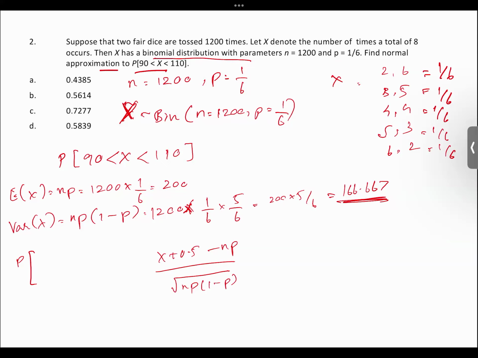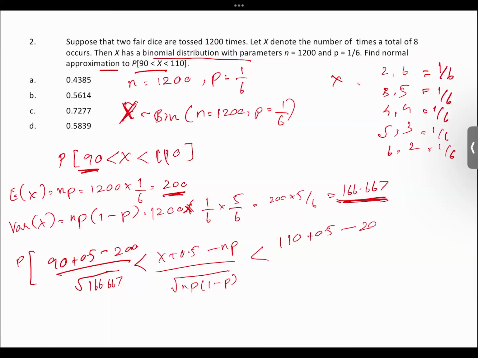So x, 90 plus 0.5 minus NP, which is 200, divided by square root of variance, 166.667. And then you write this other term, 110 plus 0.5 minus 200 by square root of 166.667.